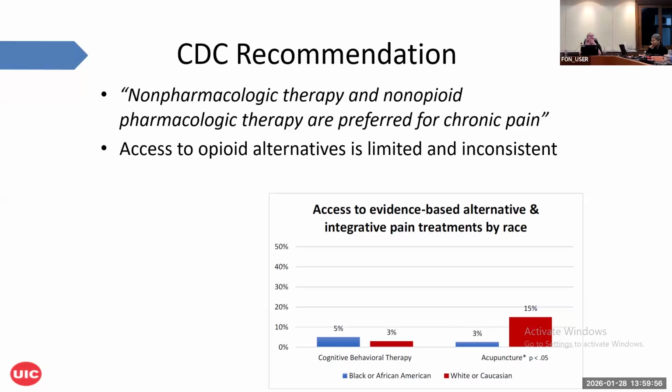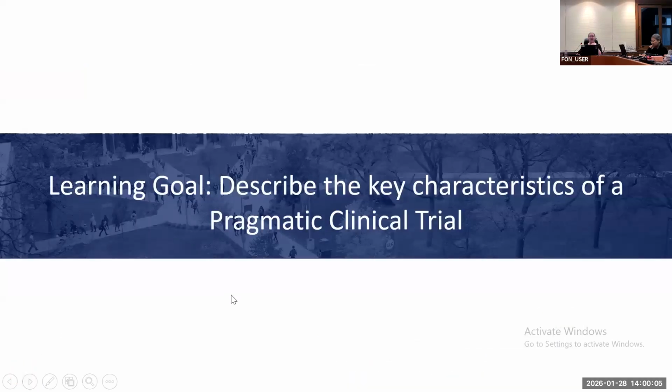And so at that point, more research funding came about to try to look at ways to manage chronic pain that didn't include opioids. So that's a brief description of chronic pain in general.